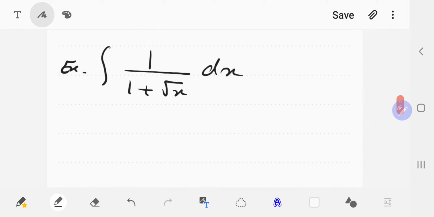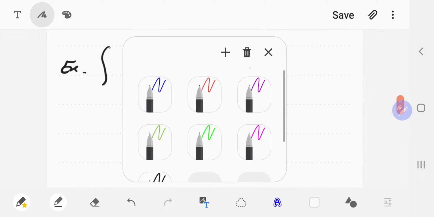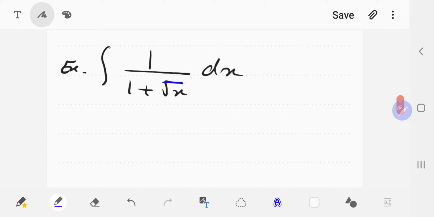Okay, in this case we have radical, but we can't take it up because it's in denominator and there is an addition here. So what am I gonna do? I'll remember the keys that I told you about choosing the assumption, and keep in mind that these were keys. So these are not rules.